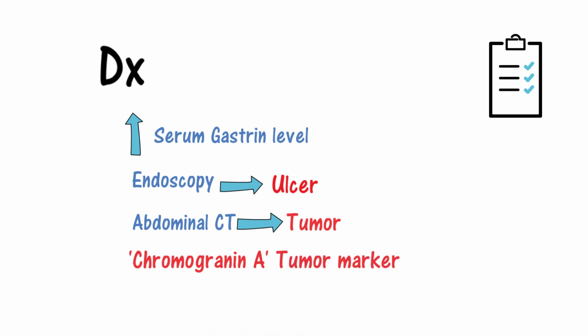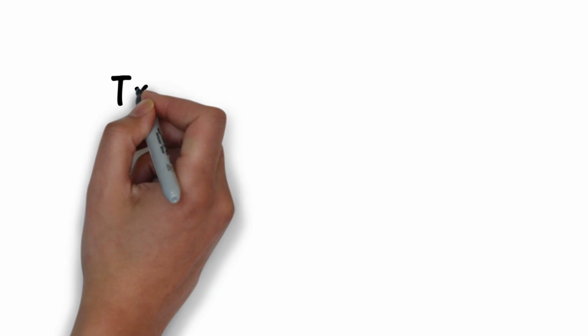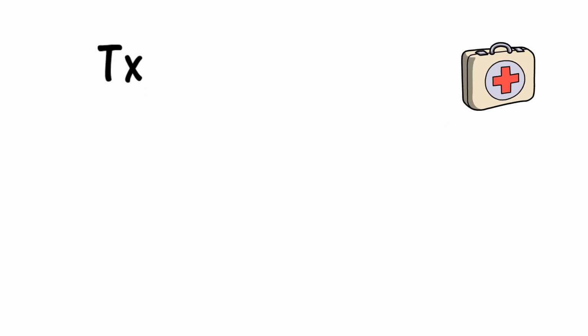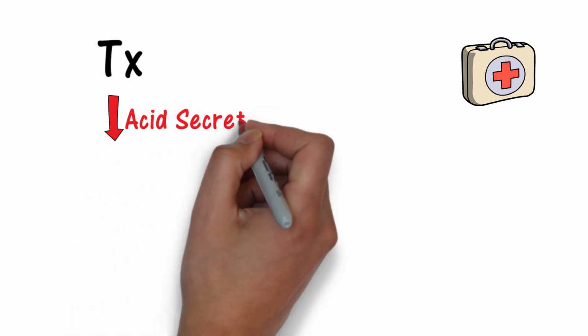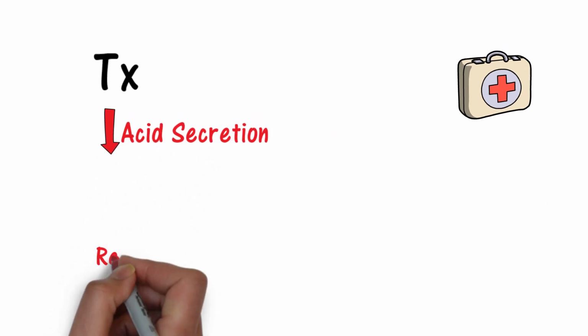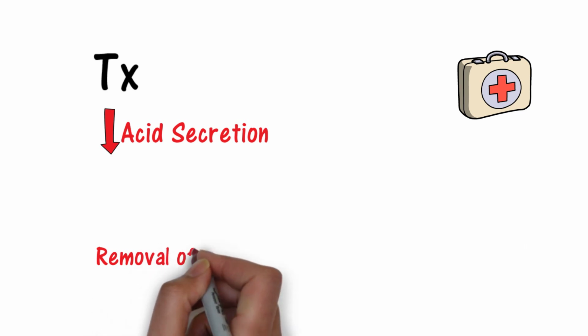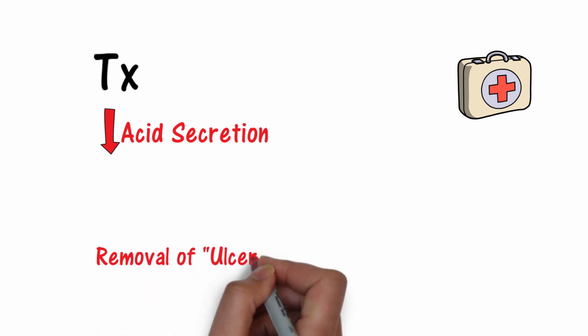Once the diagnosis has been confirmed, then we have to come to the management of the syndrome. For the treatment, we should have 2 goals in front of us. Firstly, reduce the acid secretion, and secondly, removal of ulcer and tumor.